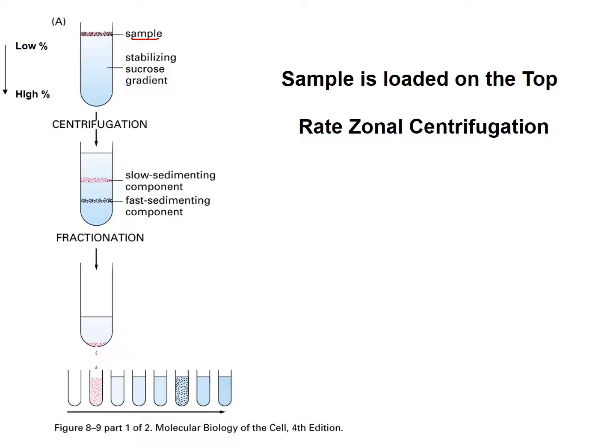sucrose gradient here. You could do a layered gradient, where you layer different little cake slices from very dense to low dense. Okay, that's less sophisticated than this more complete, differential gradient.